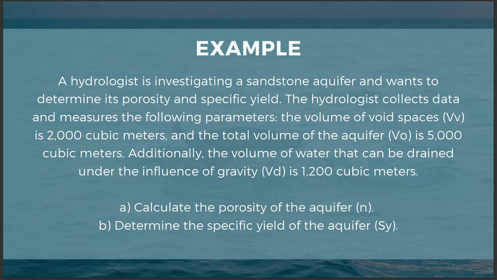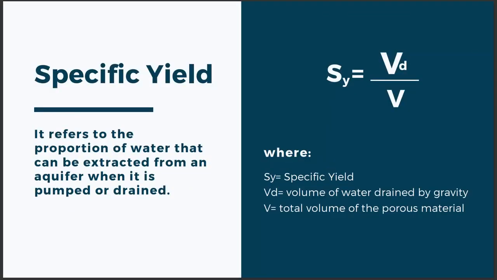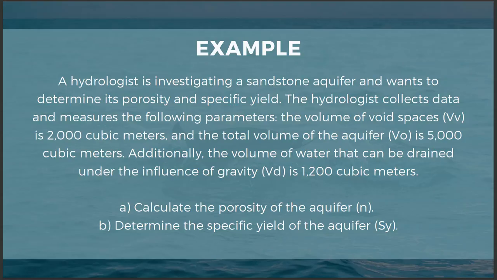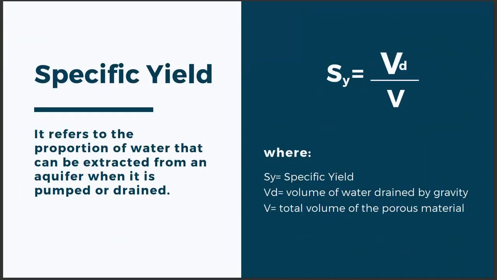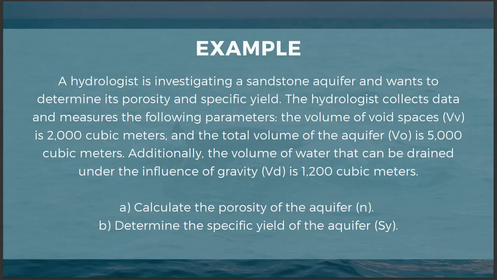Okay, so that would be the specific yield. Ano ba yung unit ng SY? So parehong cubic meters, di ba? So that would be unitless. So any question about porosity and specific yield?